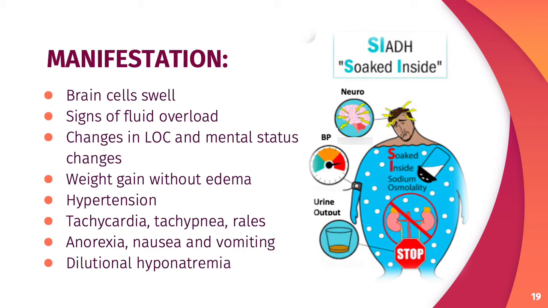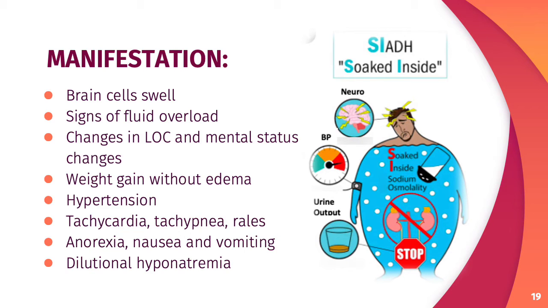We also have hypertension, tachycardia, tachypnea, rales, anorexia, nausea, and vomiting. And of course, we have dilutional hyponatremia. Usually, these manifestations of SIADH occur because of excess water in the body.